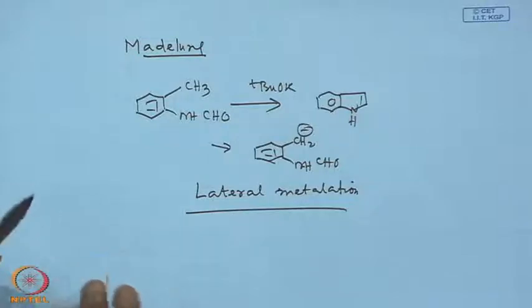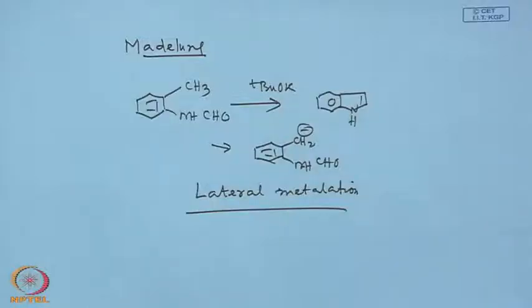Lateral means sidewise, that means side chain metallation, and more precisely it is the benzylic metallation. Okay. And the latest development in this area: if you use n-butyllithium, the reaction can be run at 20 degree centigrade, otherwise the reaction has to be carried out at, let us say, 200 degree centigrade. So, there is a major change now.